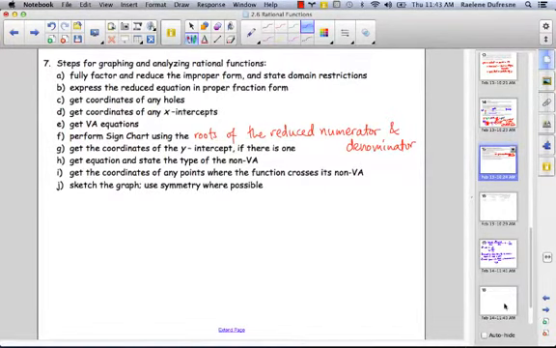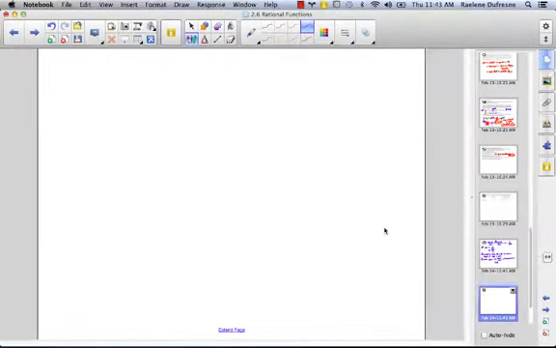Okay, then the next step says to get vertical asymptote equations, and that was step number 5. Remembering that vertical asymptotes are values of x that make y undefined, which is non-zero over 0 for y.